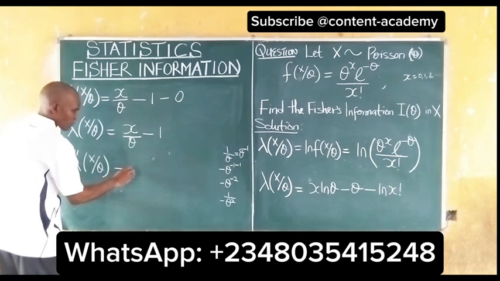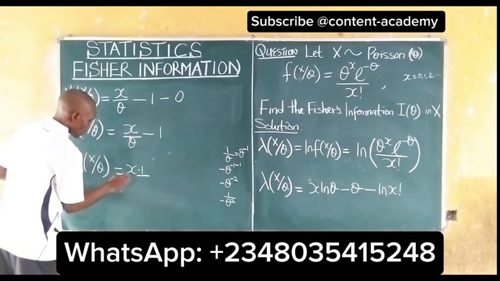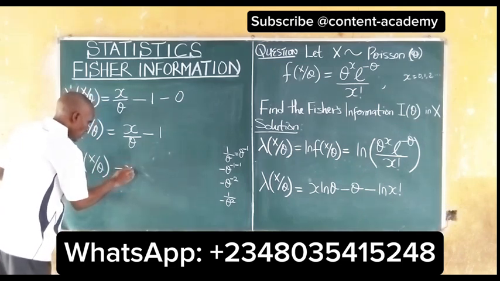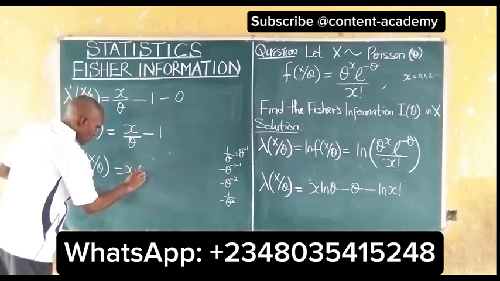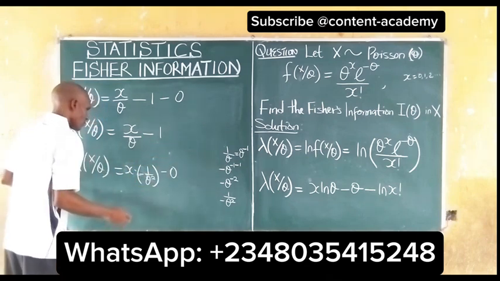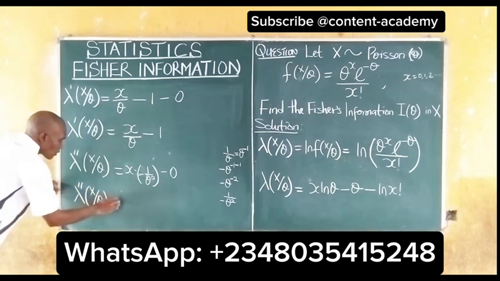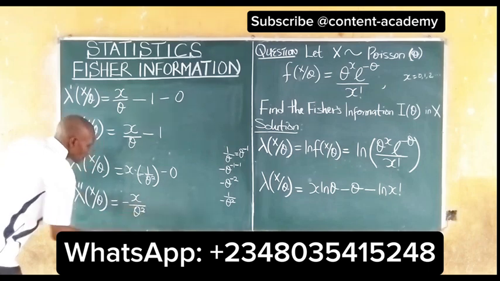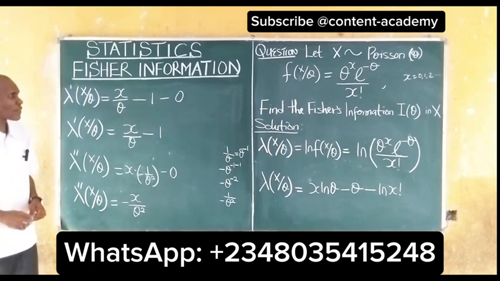So we can write it as x multiplied by negative 1 all over theta squared, minus 0. So we have our second derivative to be equal to negative x all over theta squared. So this is what we get if we take our second derivative.